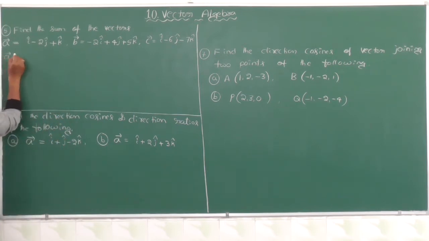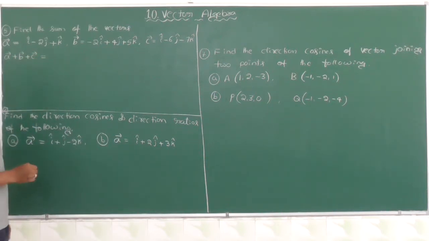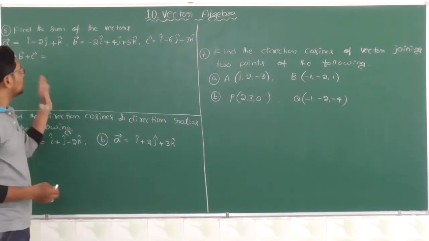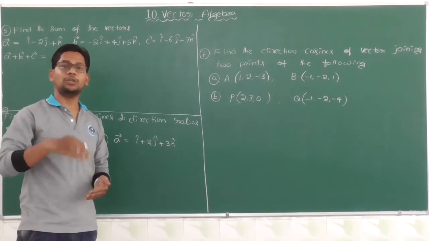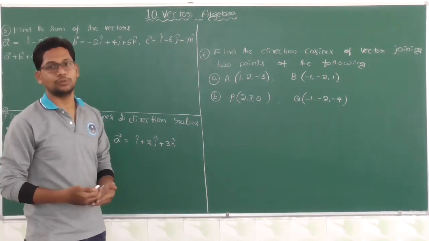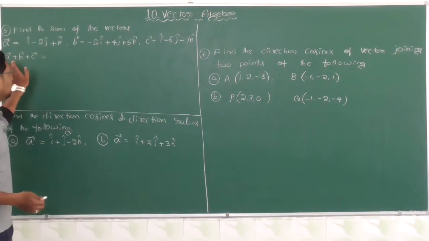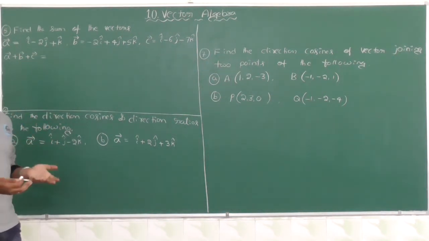A vector plus B vector plus C vector equals to. We already know how to find the sum of the vectors. In the note points itself, I already told you. A vector plus B vector plus C vector, very simple.